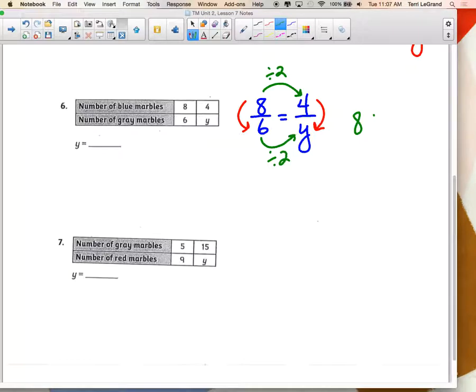Kia, can you help him out? So we just follow it right here, Derek. 6 divided by 2 equals y. 6 divided by 2, class, is 3. So there are 3 what? Gray marbles.